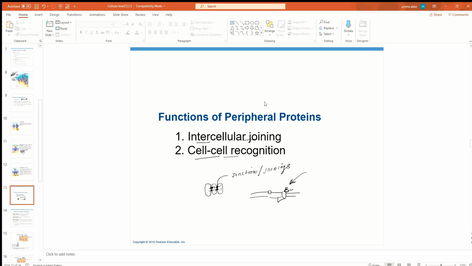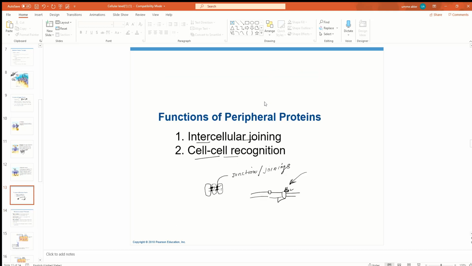That's a big challenge, right? The tissue rejection or organ rejection when transplantation of tissue or organ is done. That's a big problem. So the peripheral proteins can detect the adjacent cells.